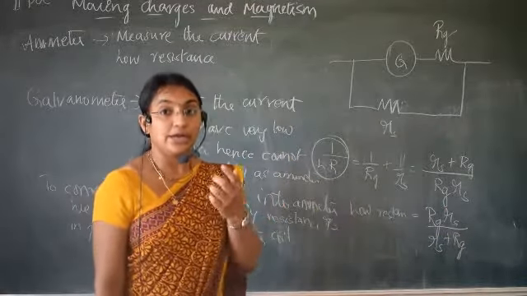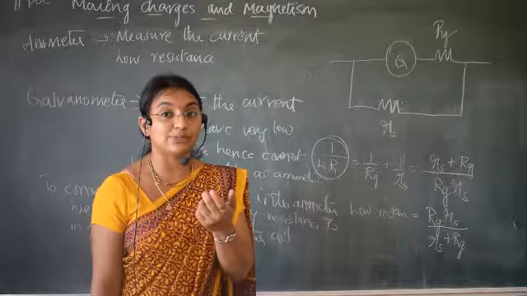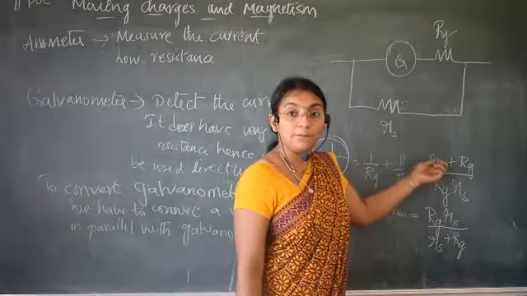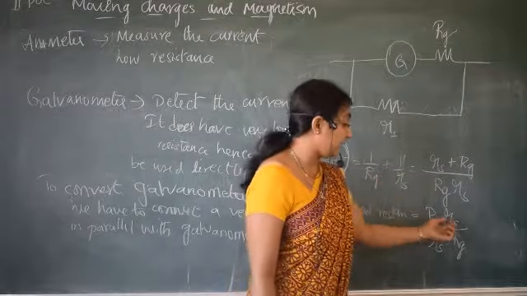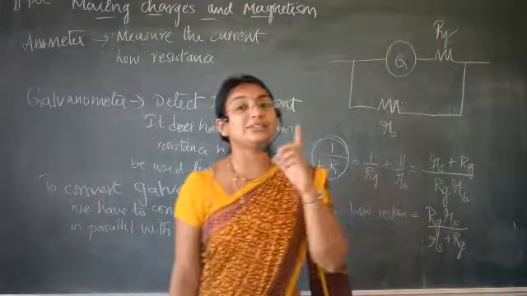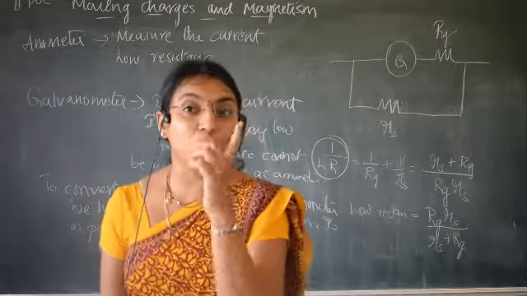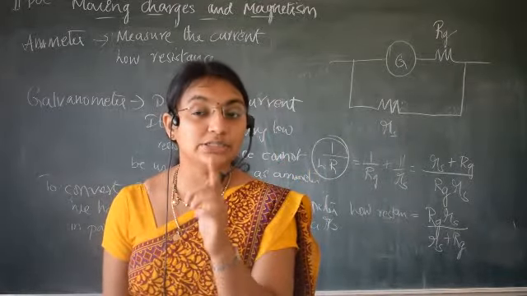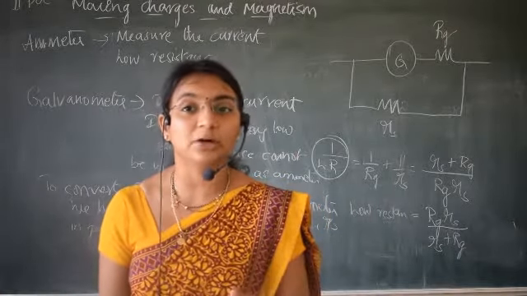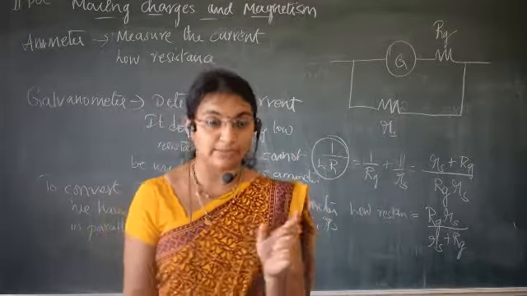Now look here, we have taken the low resistance value as small letter Rs. If this value is small, multiplying a small number with a bigger number will give you a smaller number. For example, 1000 into 0.00005. Is it a bigger number or a smaller number? It's a smaller number, correct?